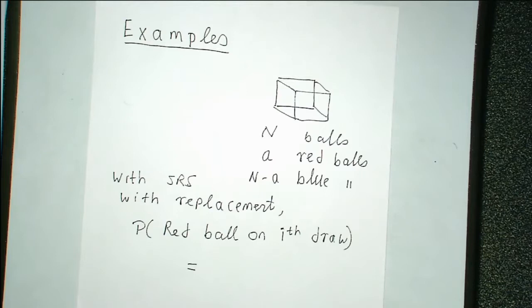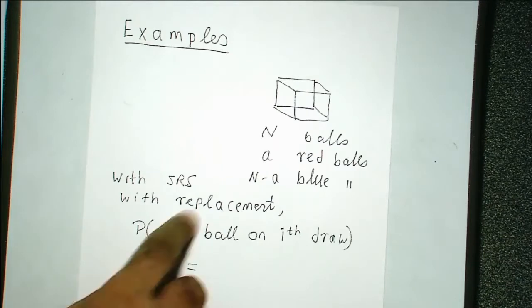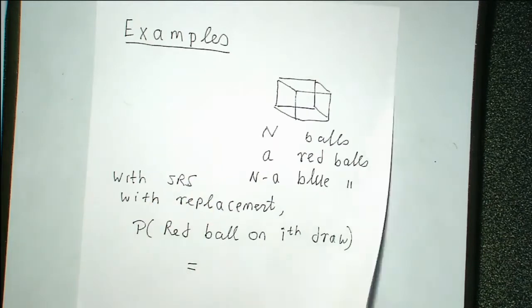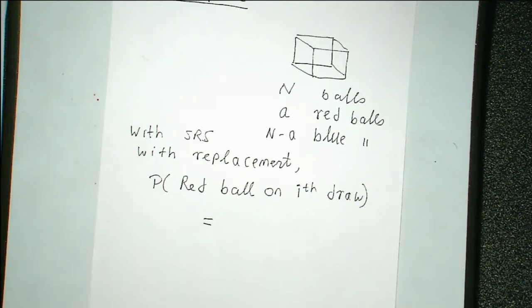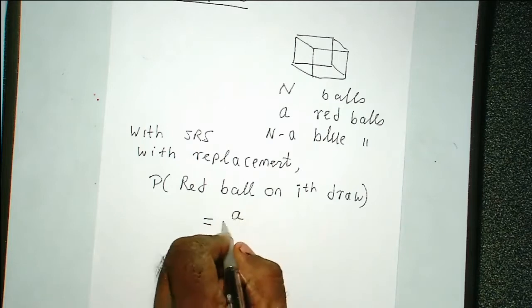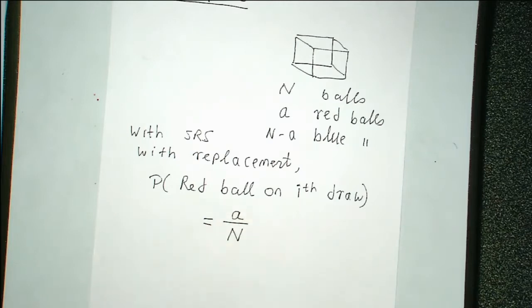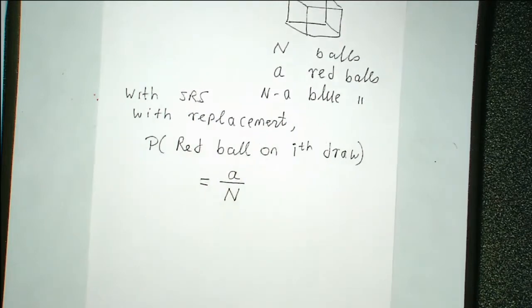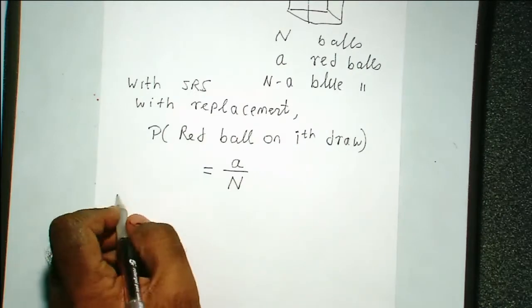Now with the first sampling, that is the SRS, simple random sampling with replacement, what is the probability that on the ith row you select a red ball? It is A over n.